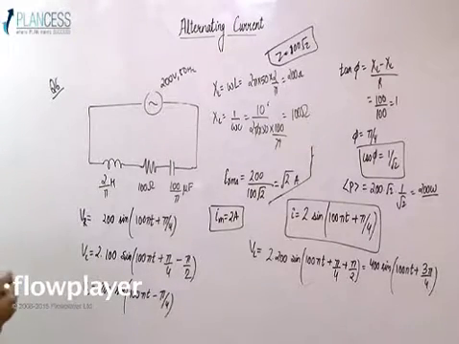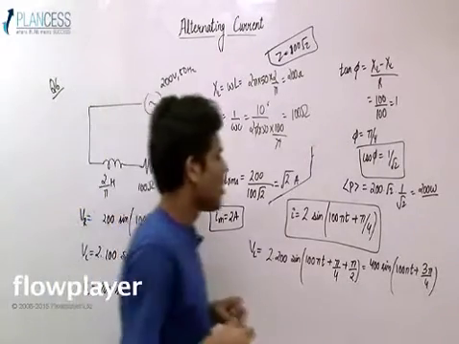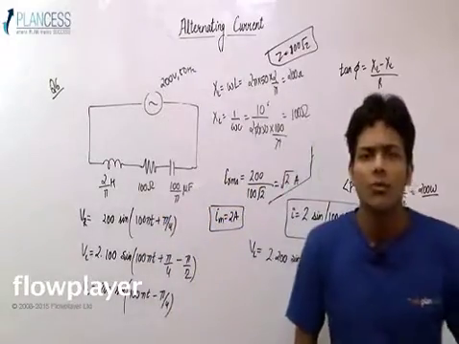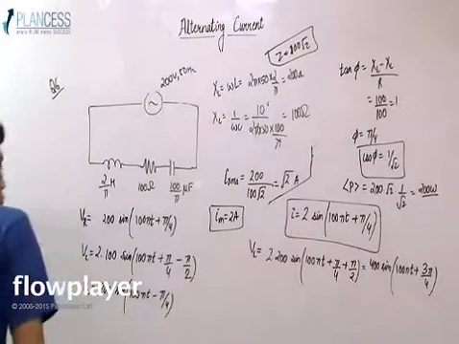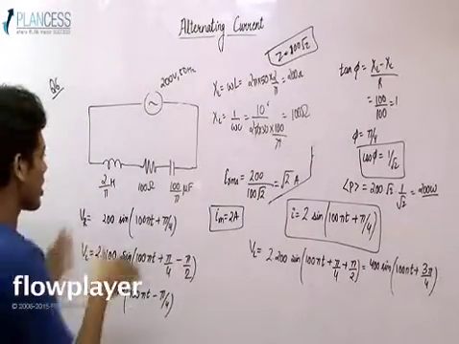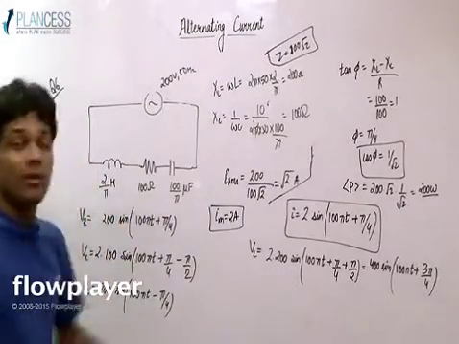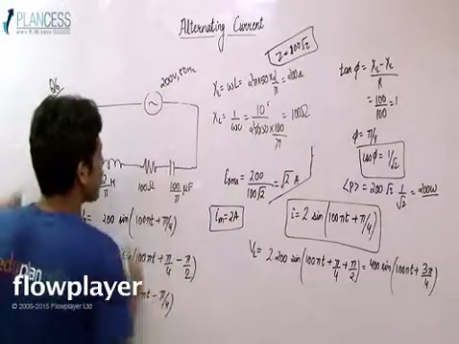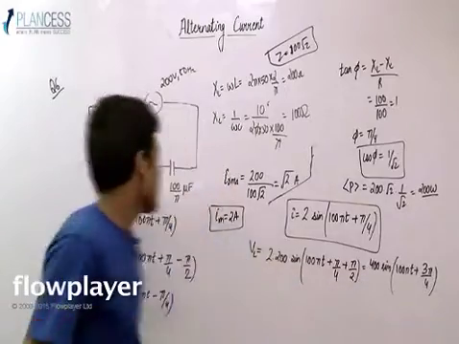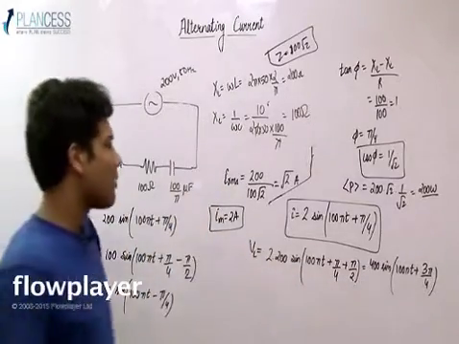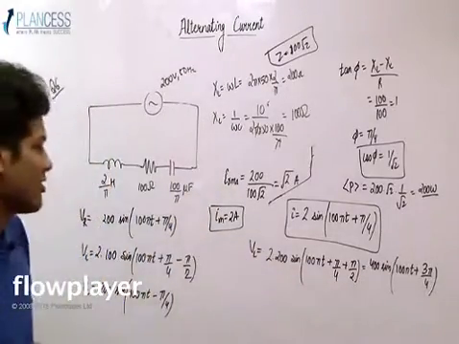Now, sometimes they may ask for the instantaneous voltage across the combination of L and R. You have the value VL, you have the value VR, you add them using the phasor diagram.